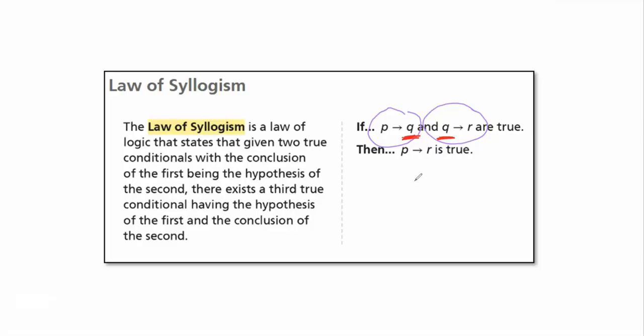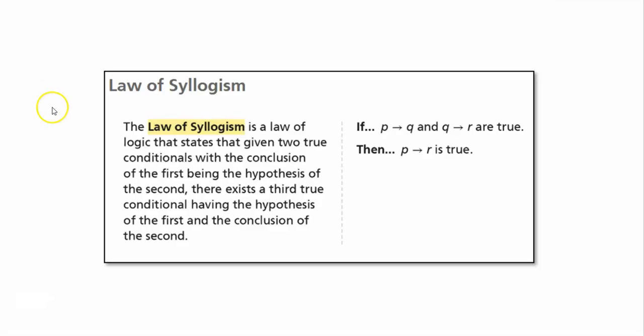When that happens, you can almost ignore the Q in the middle, and if I just jump from the beginning to the end, we can conclude that P to R is also true. Maybe the letters make it worse. Maybe they make it make sense. To me, they make it make more sense than the words do.